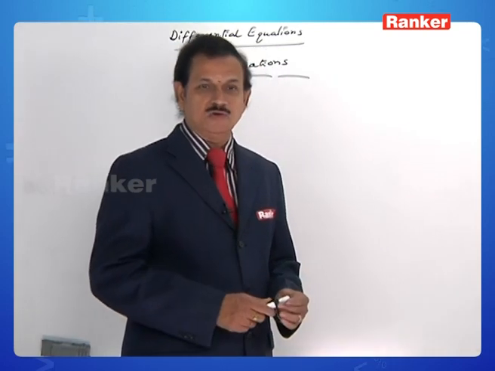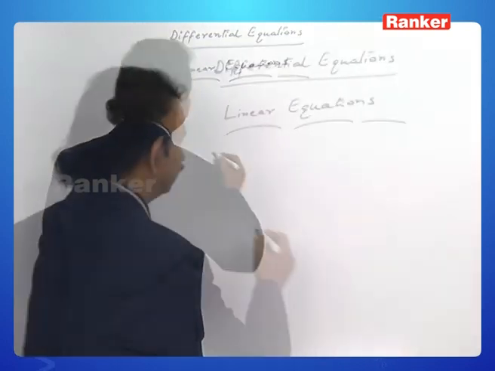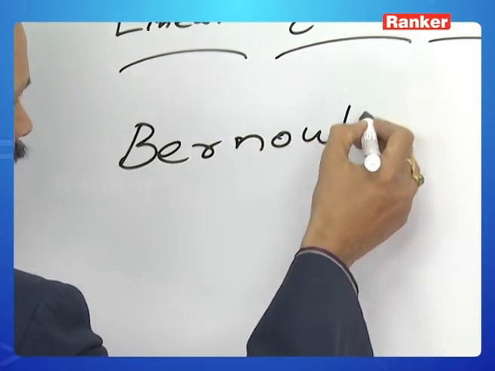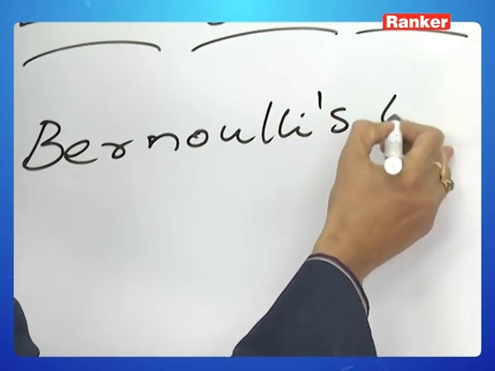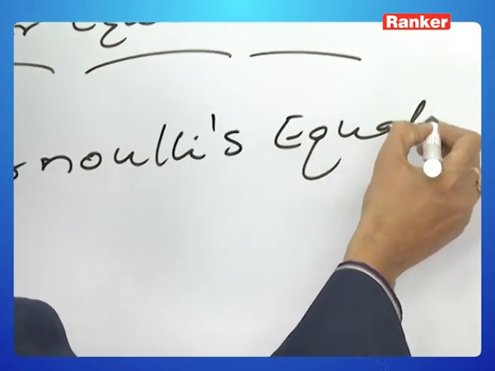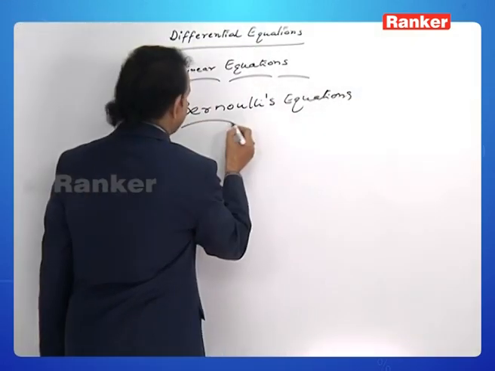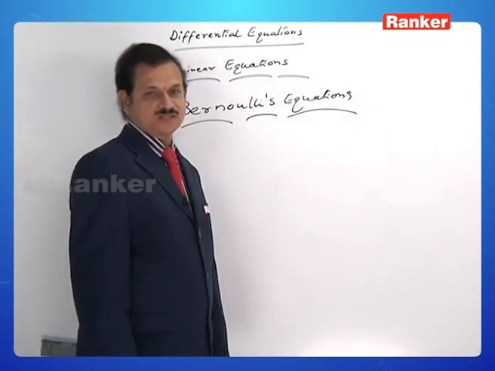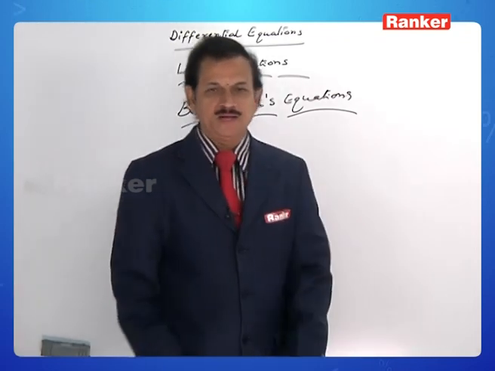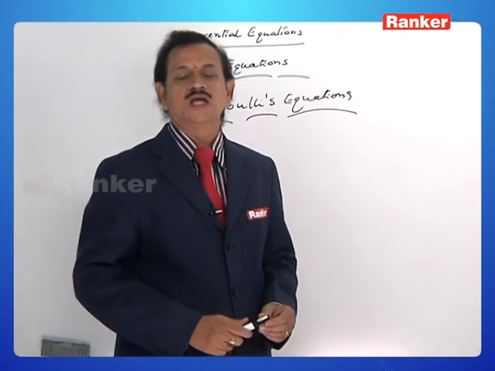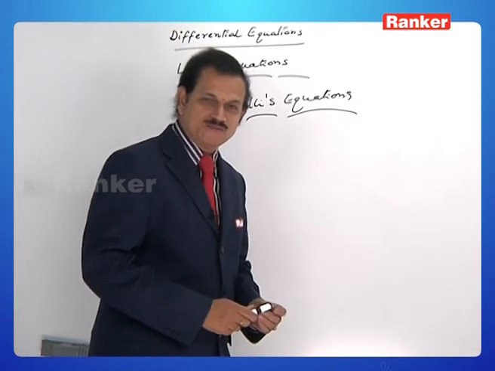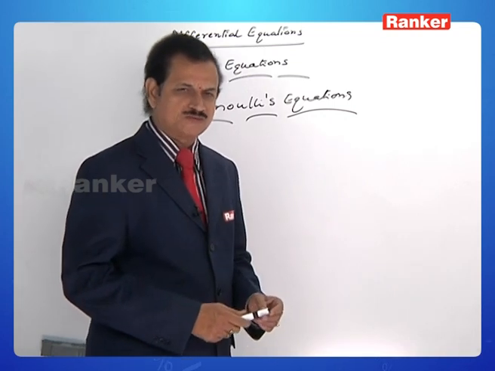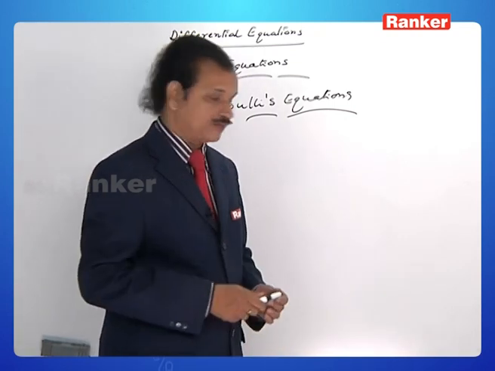And some of them are specially named Bernoulli's equations. Basically, they belong to the family of linear equations, of course. As we look at them for the first time, they do not look like linear equations, but after some simplification, they can be brought into linear equations.